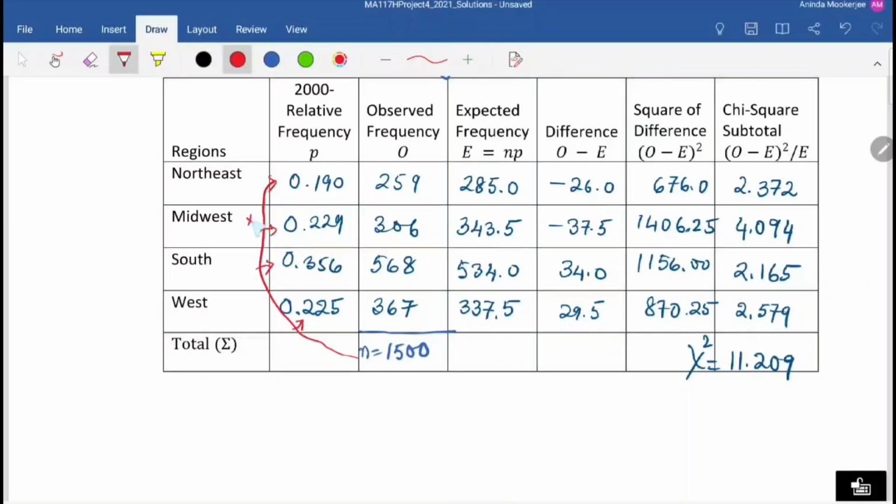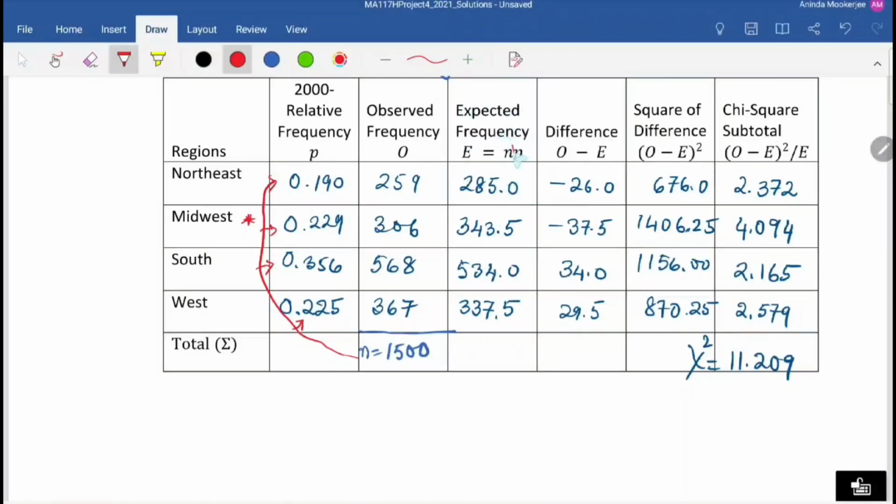All right, so there's multiplication. N times P gives us the values for expected frequency. So 1500 times 0.190 is 285.0. 1500 times 0.229 is 343.5, and so on.